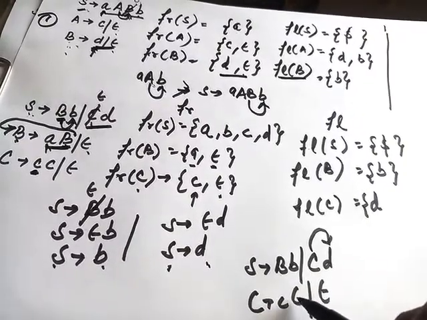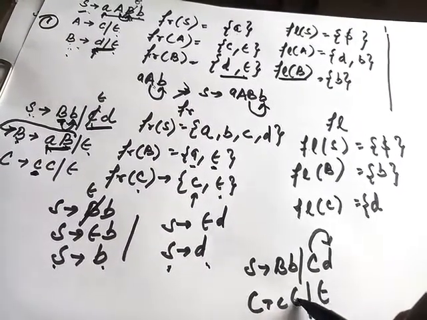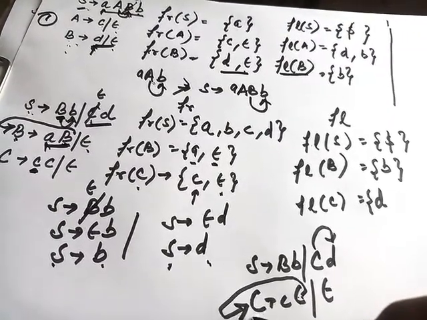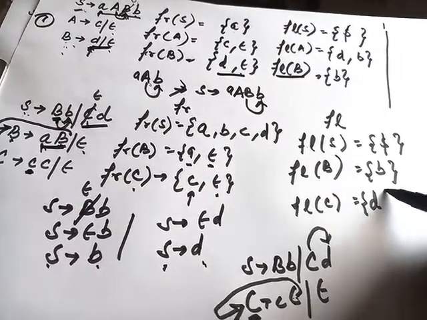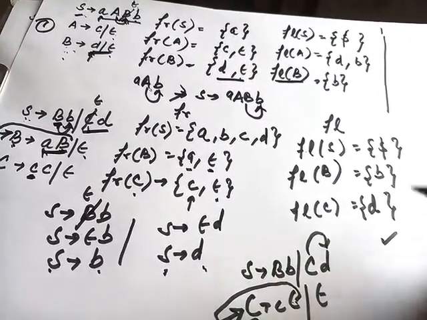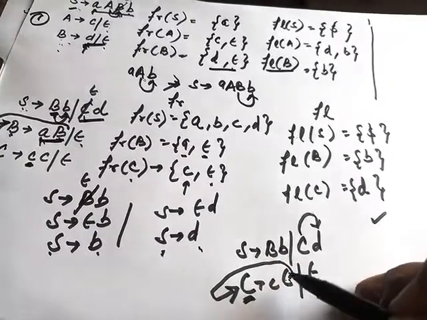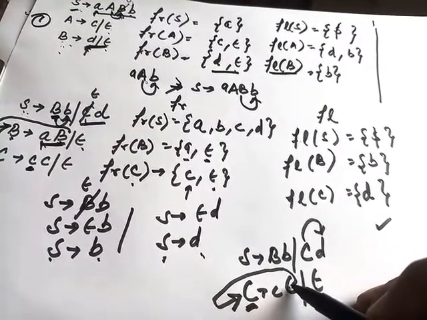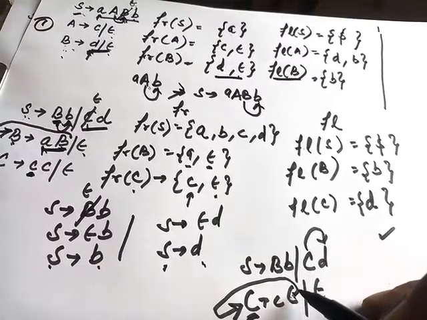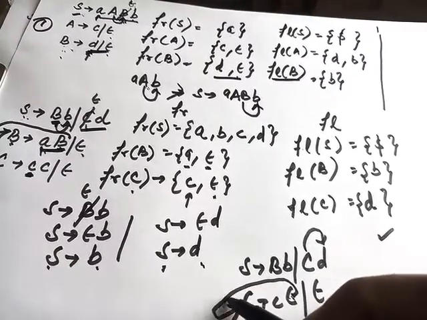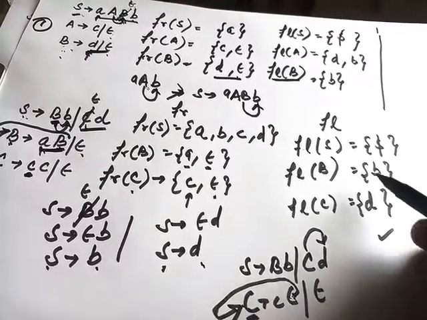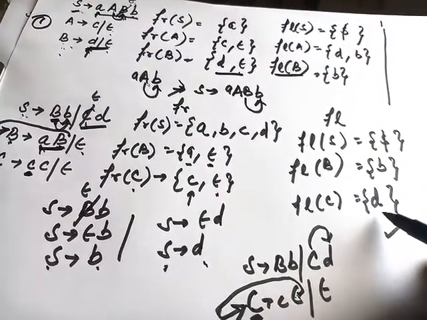And then as you can see here also, after capital C there is nothing, so follow of C is follow of C, meaning D itself. So this is how we calculate the follow. One thing is that if we are calculating follow of C and after C there is nothing, then follow of C is follow of the left hand side, that is C, and if it doesn't have any new element, we just write it like this.